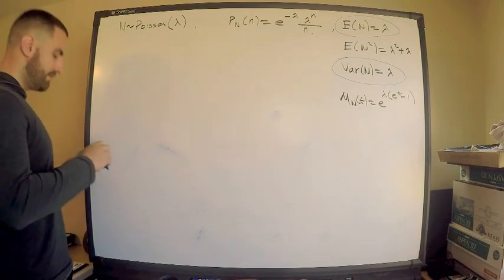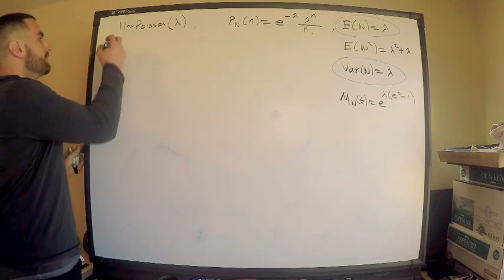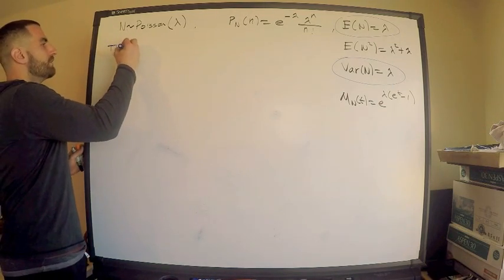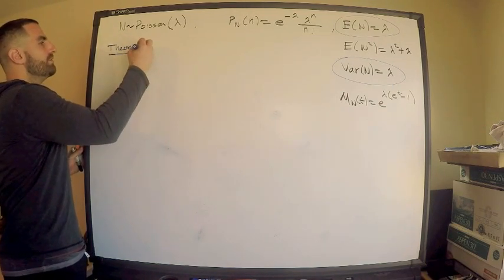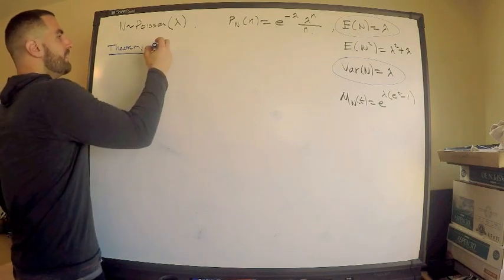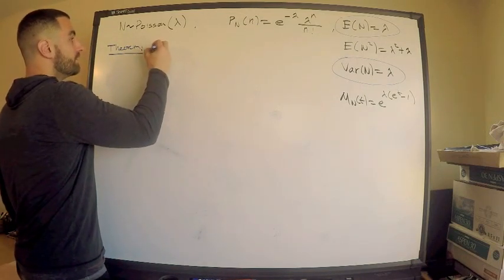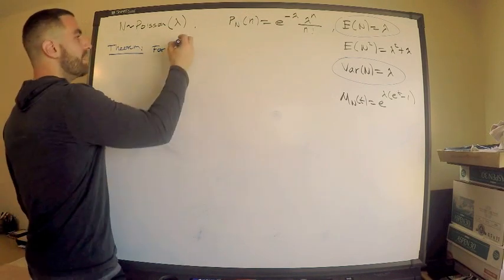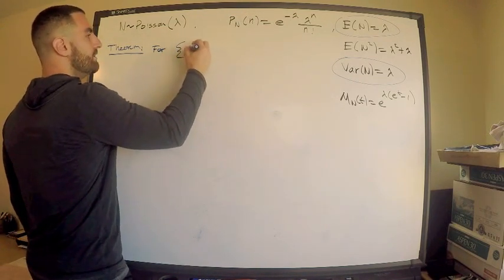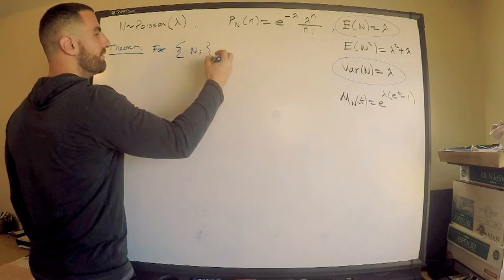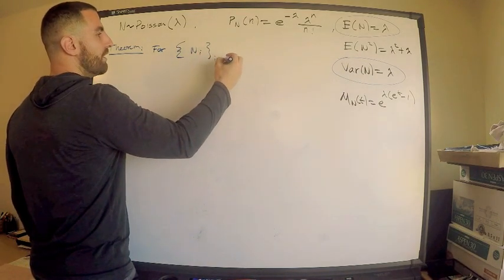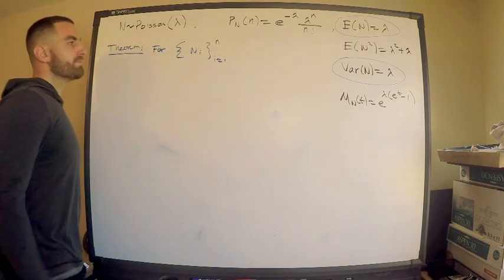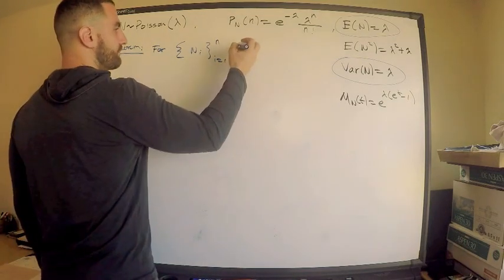So let me write down what I just said. The theorem, which we'll prove using the moment generating function. For these Poisson random variables, say i equals 1 to n, okay?